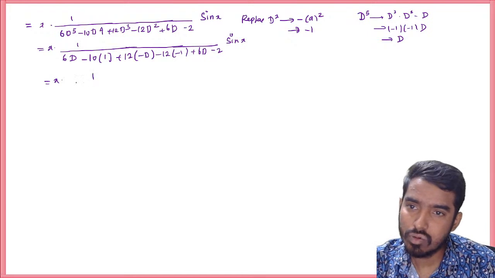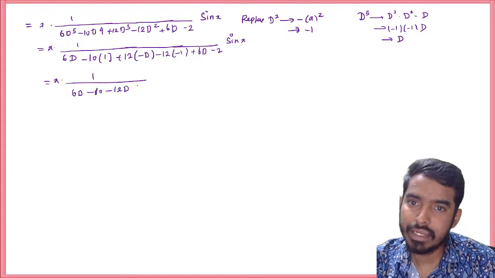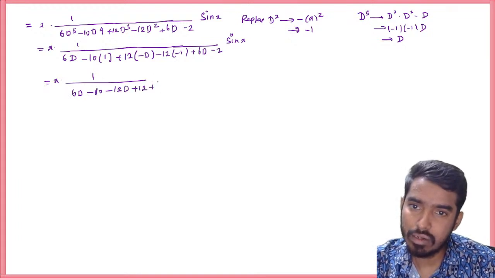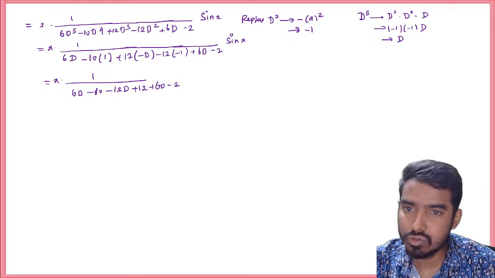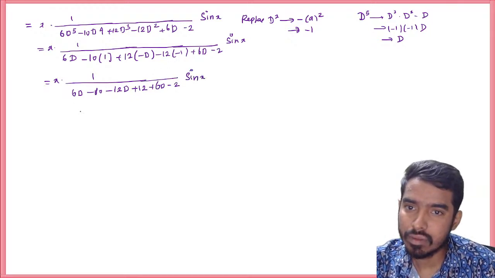So x into 1 divided by, so we have 6d minus 10 minus 12d plus 12 plus 6d minus 2 sin x.